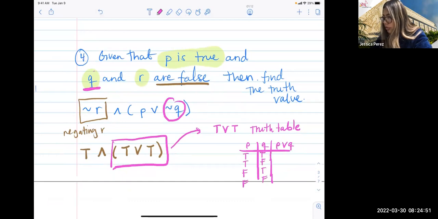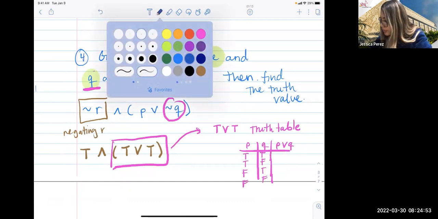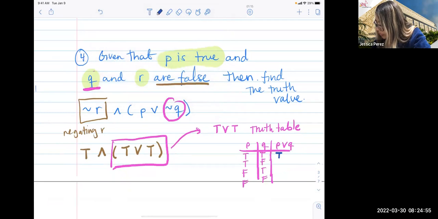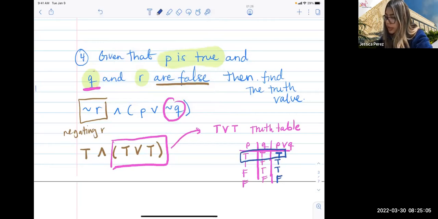True or true, that gives us a true. And then true or false, true, false or true, true. The only false is this one. So true or true would be a true. Then true and true is also a true.